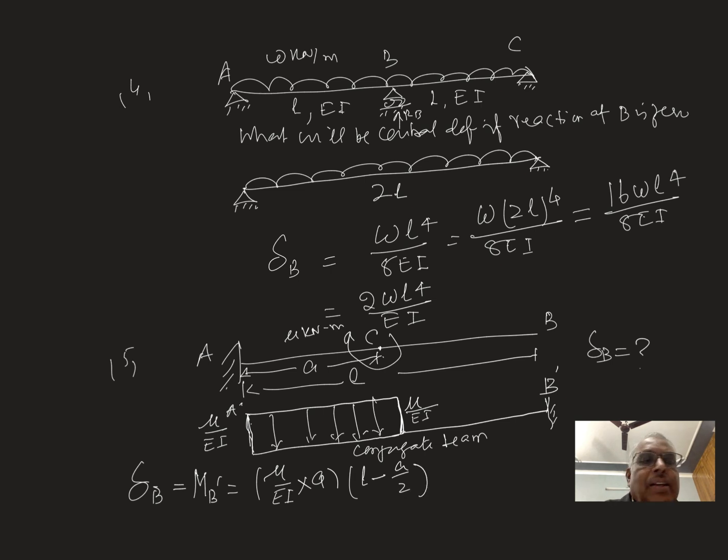So this is the deflection at B: Mu a divided by EI, into L minus a by 2. This is the answer. To find the deflection at B, you take the bending moment at that point of the conjugate beam.